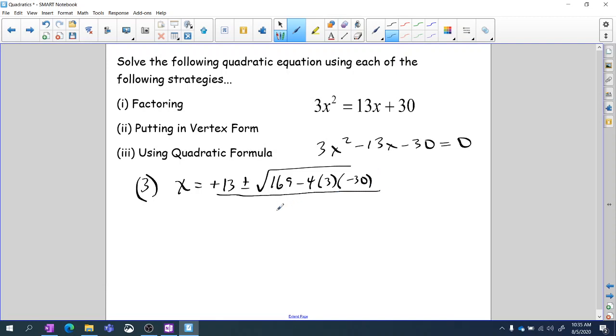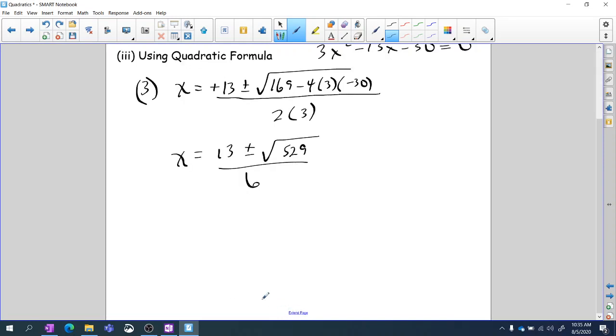Everything then we divide by twice the a value. So x would equal 13 plus or minus the square root of 169 minus negative 360, which would give me 529. Oops, 2 times 3 is 6, so 529 divided by 6. X equals 13 plus or minus, this is now 23 over 6.